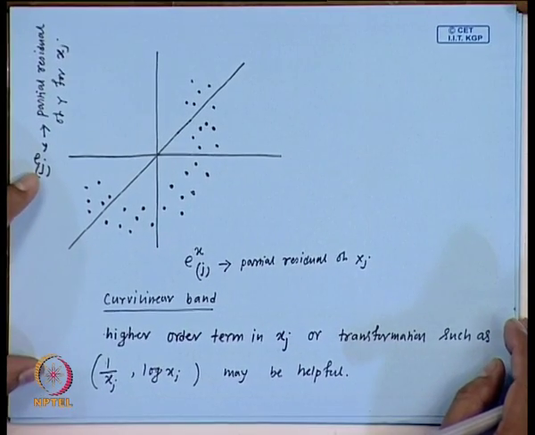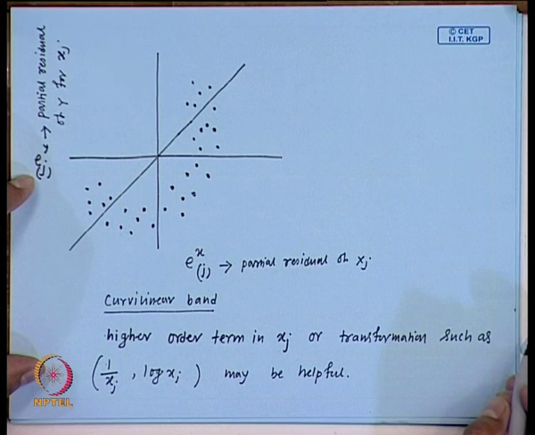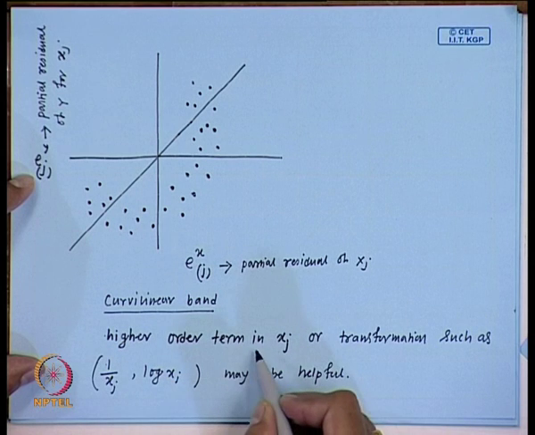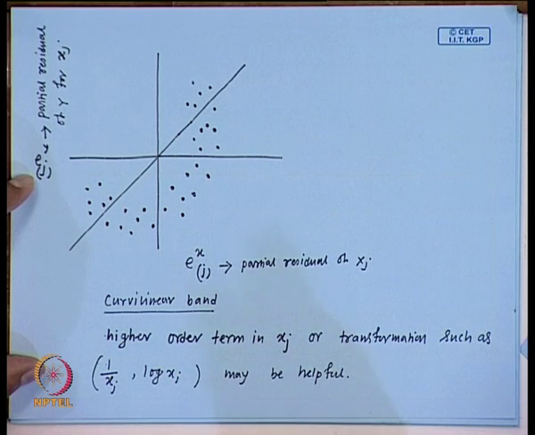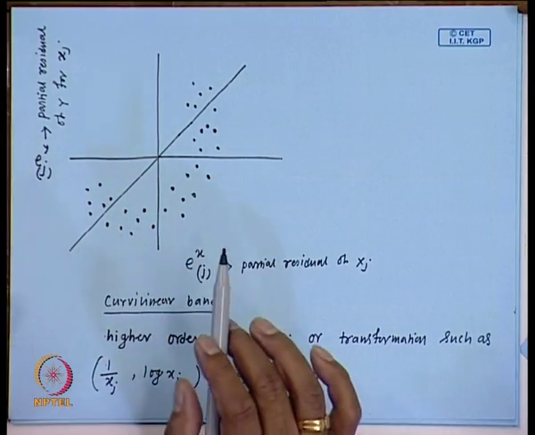The other pattern is if the pattern is like this, in a curvilinear band. This indicates that a higher order term in x_j or a transformation such as 1/x_j or log x_j may be helpful. That means x_j is not linearly related to y.